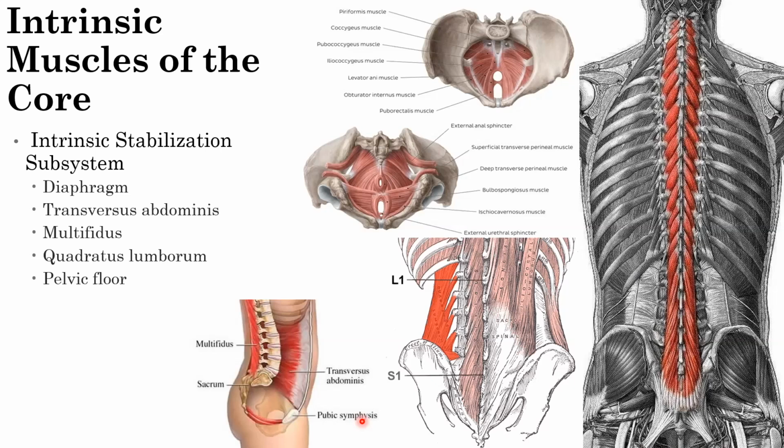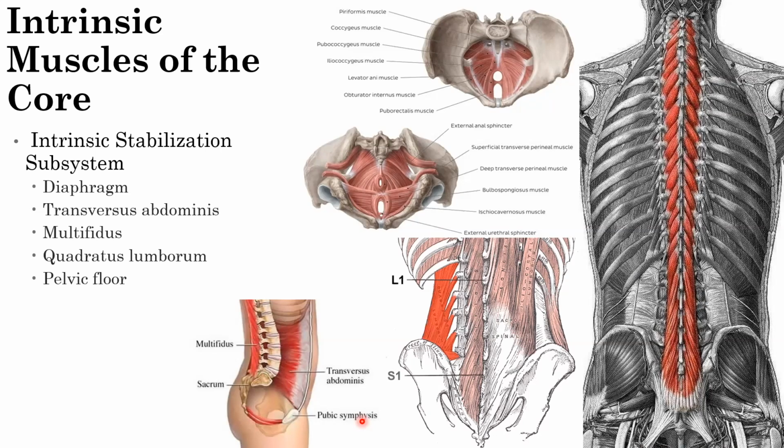So when we talk about this idea of core, when we use the term core, this is essentially an umbrella term. So not only do we have to consider our lumbopelvic region or our abdominal region, we also have very, very small muscles as well as muscle groups on the deeper aspect of our trunk region that really aid in our ability to stabilize our core.